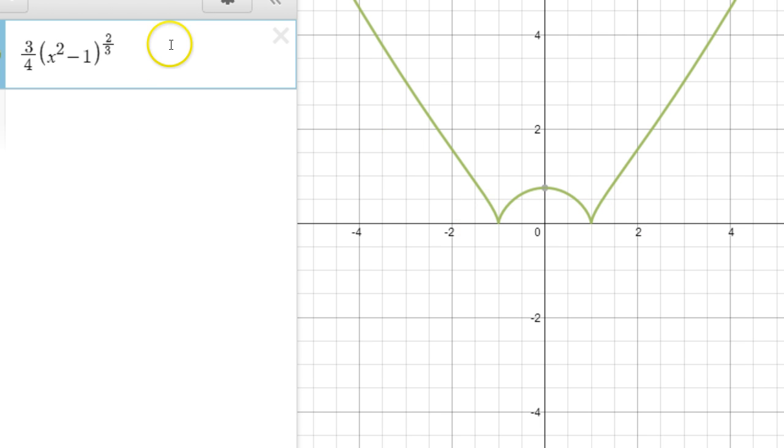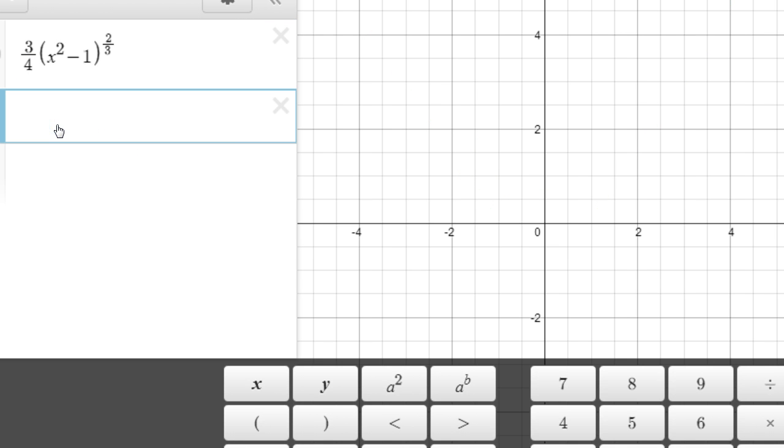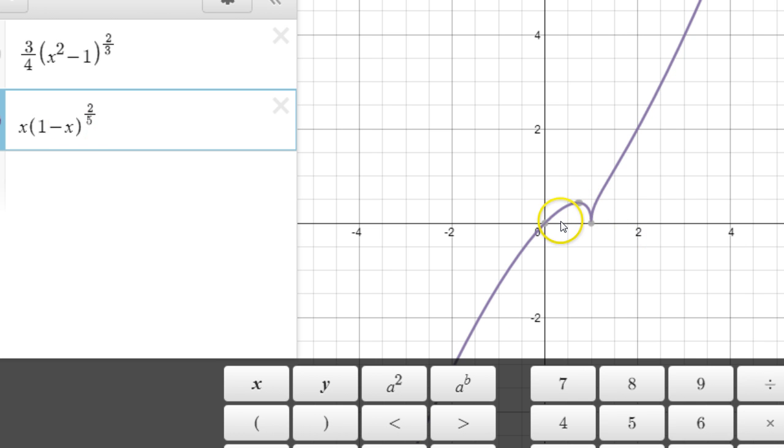What is going on here? There are interesting things to notice when looking at funky ones like this. Or take this one, 1 minus x, which looks like a normal graph, but then I raise it to the 2/5 power, and I get something that looks like this. It's really cool to see how you can get all kinds of different types of functions.